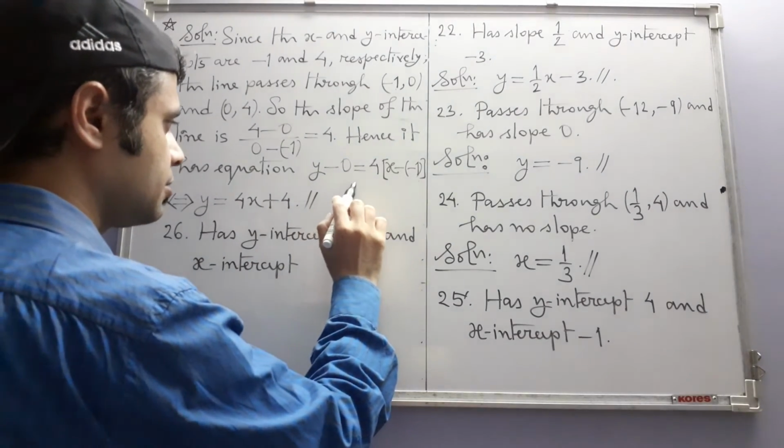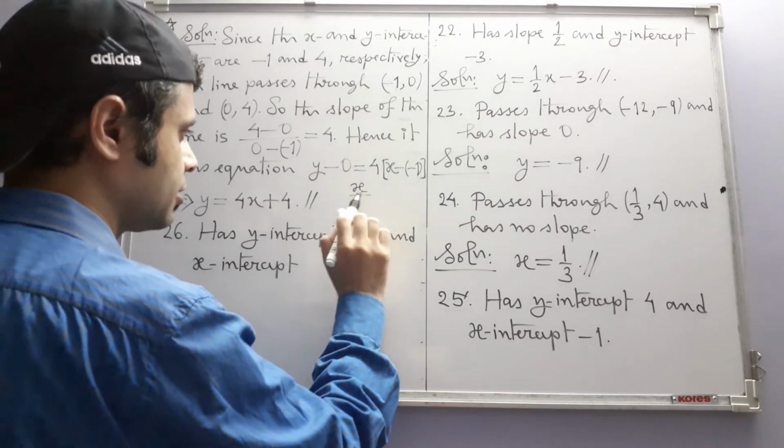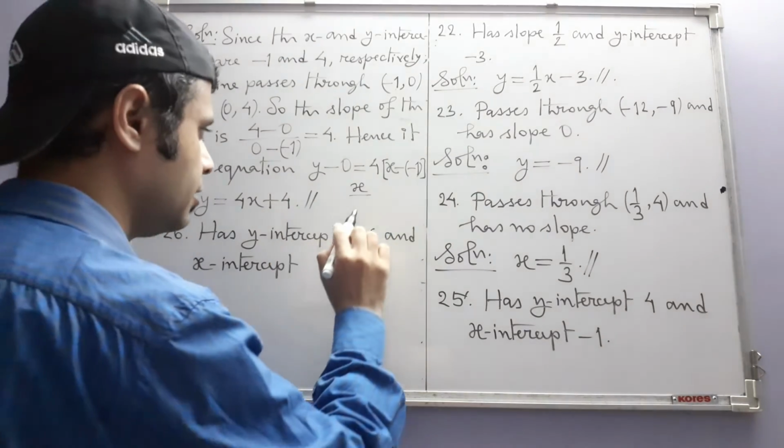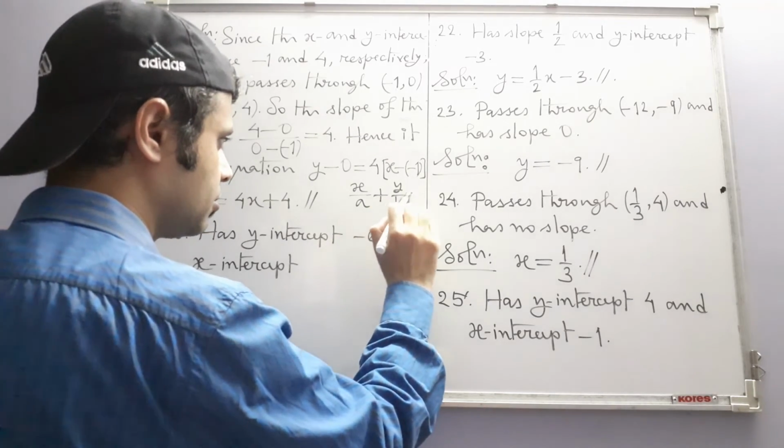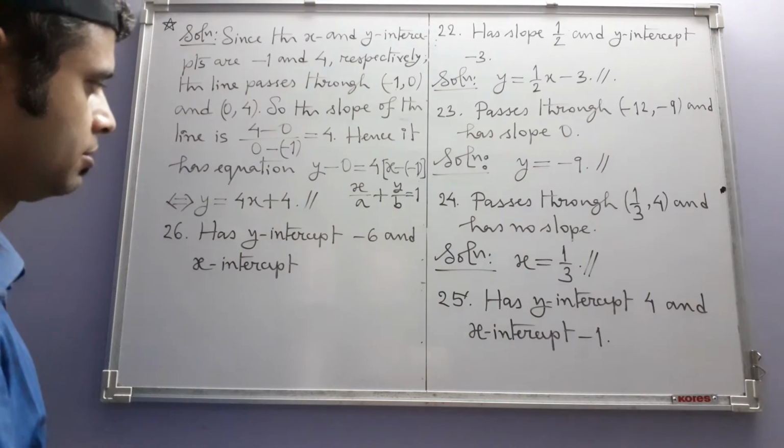If the x-intercept is, if I am remembering it correctly, say A and the y-intercept is B, then the equation is this.